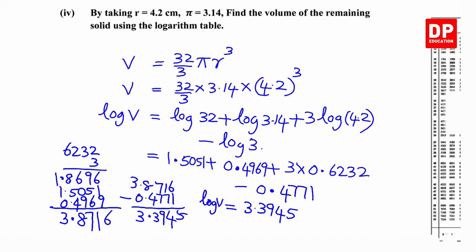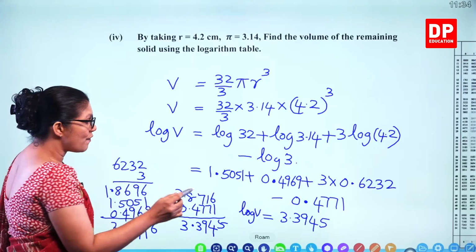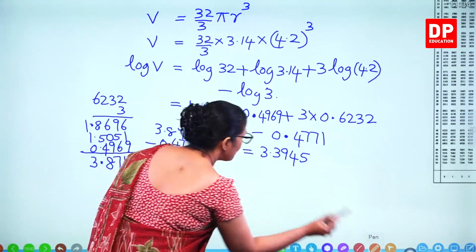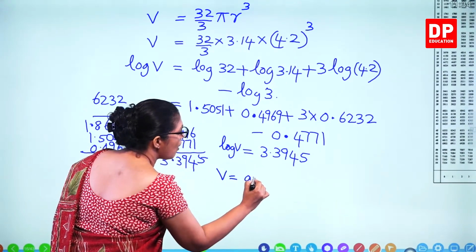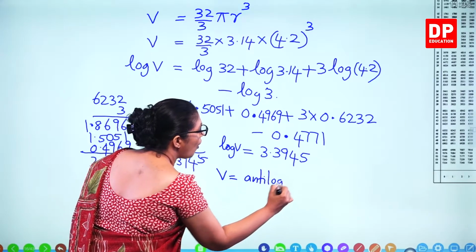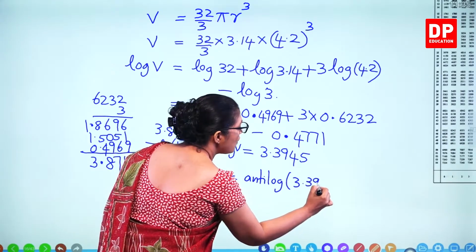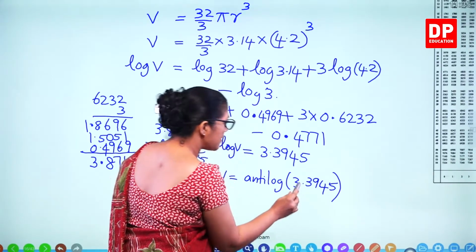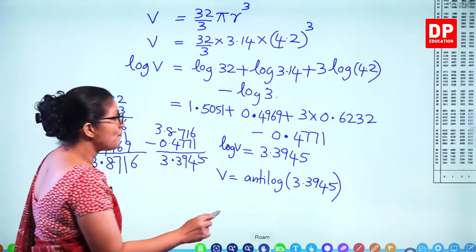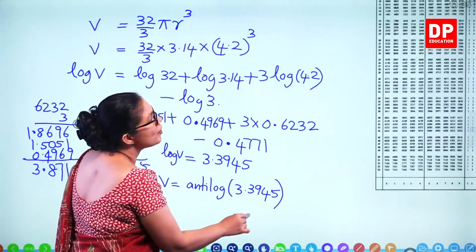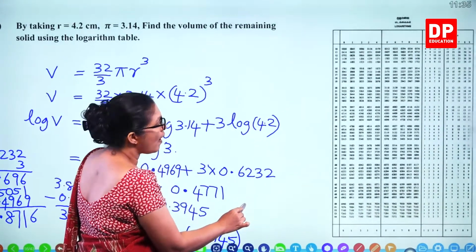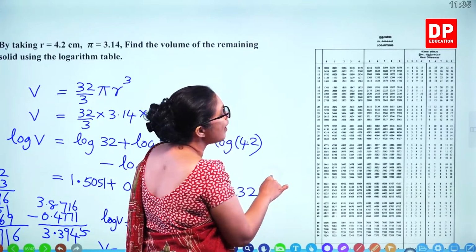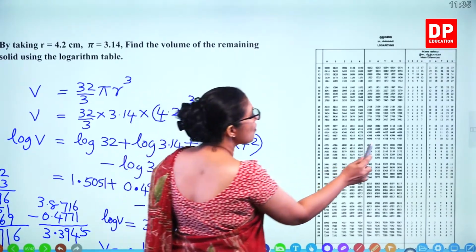How you find out V? You have to take the anti-log value. So V becomes anti-log of 3.3945. Now look at the table and see where you get 3945. So where you get 3945 from the table? It's already there.